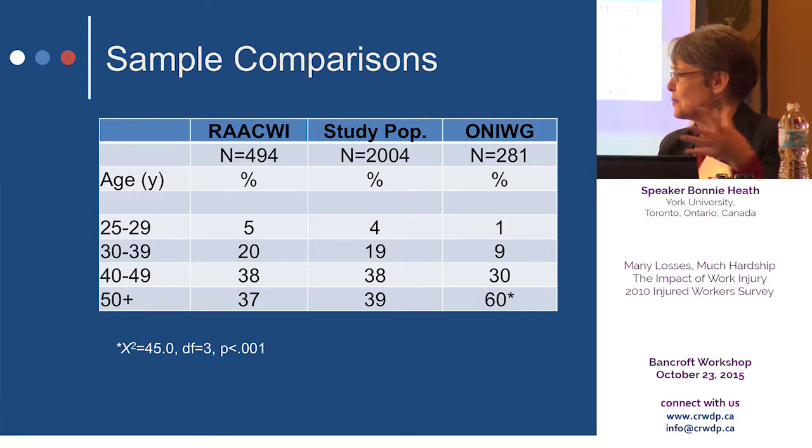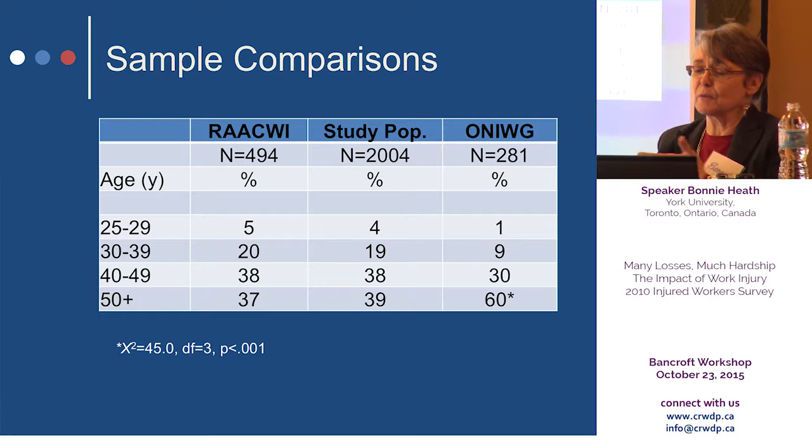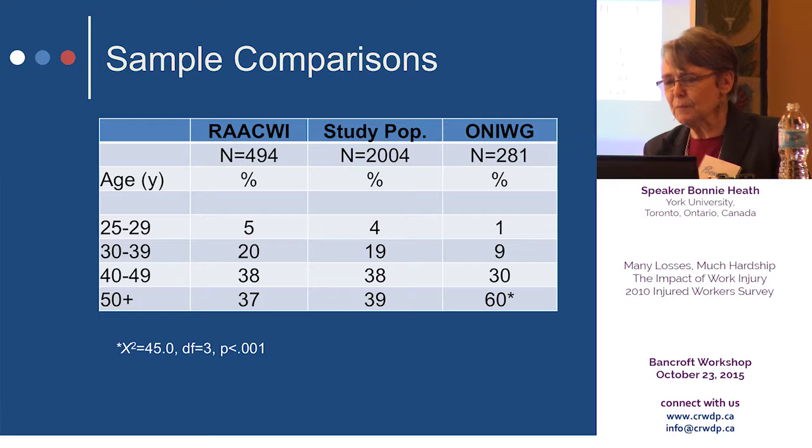Doesn't mean you can't talk to these people, but it means you need to be aware of that. And it also reflects, I think, something Marion once said to me, that a lot of the workers they see are older workers with claims that have been going on forever. So this kind of validates that as well. But I did think this was an important educational moment to explain why we get so hung up on sampling.